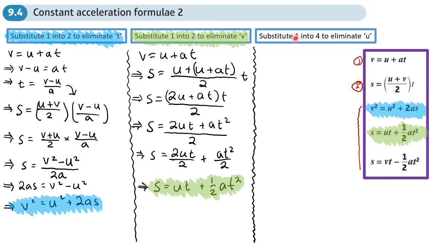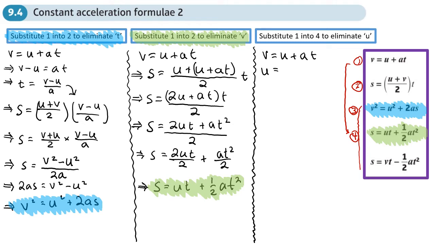And the next one, we're going to substitute equation number 1, this one, into equation number 4. So now we're going to call this 3 and 4. So we're going to substitute this one into this one here, but to eliminate u. So we start with v equals u plus at. We're going to rearrange it to make u the subject.